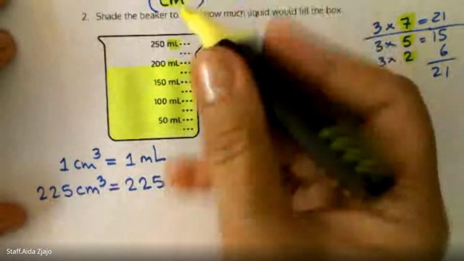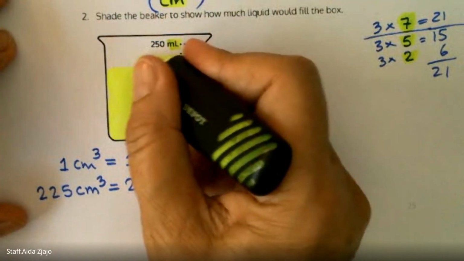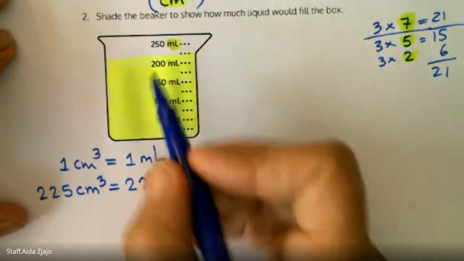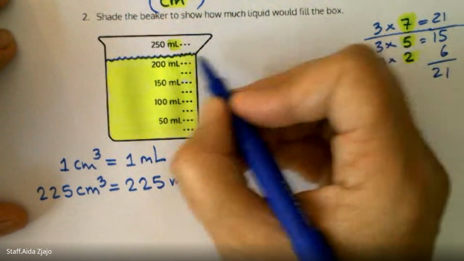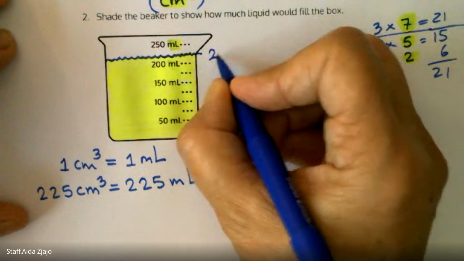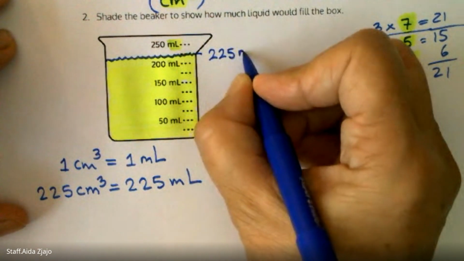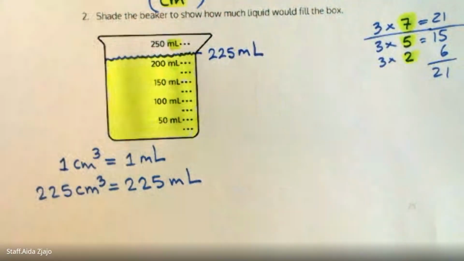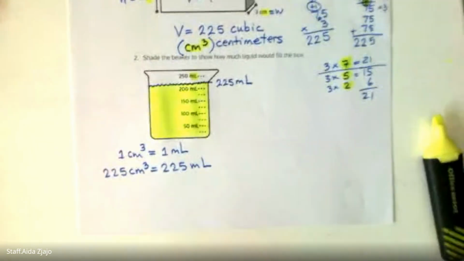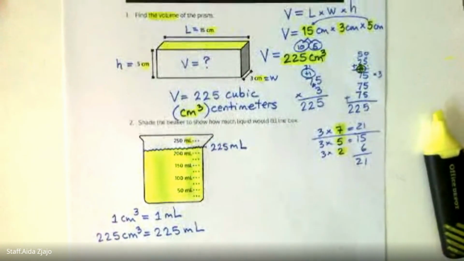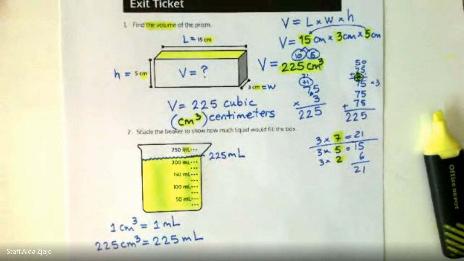So I have to go to this midline right there, and that is how much liquid I will have, and my measure here is going to be 225 milliliters.